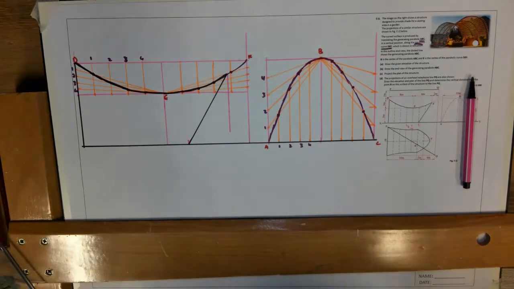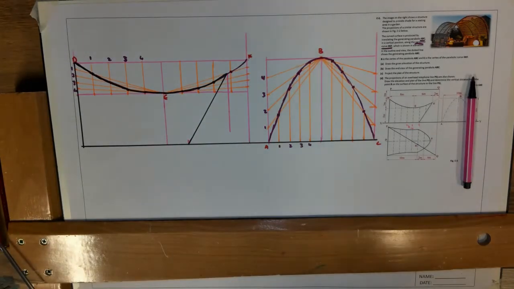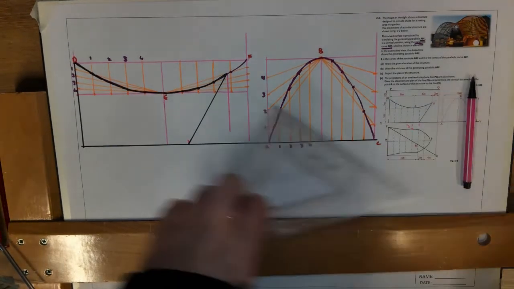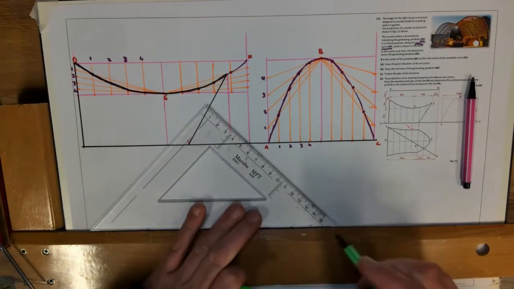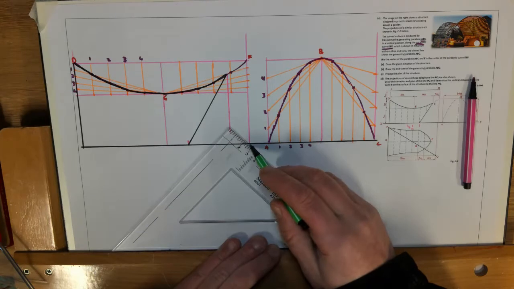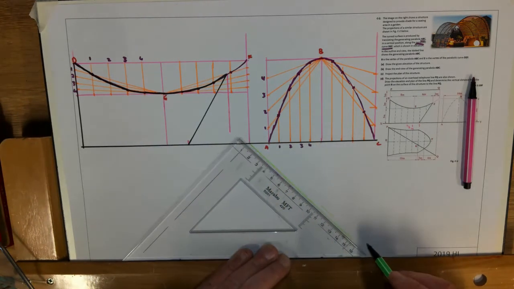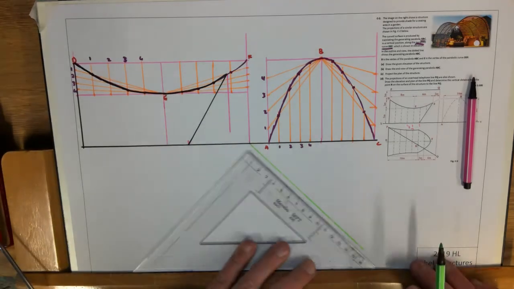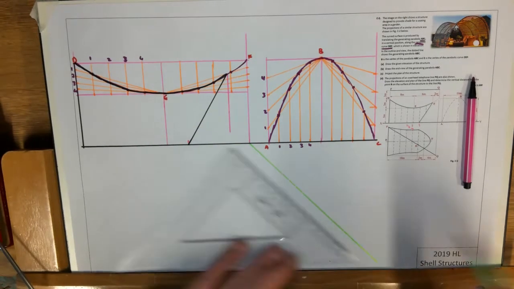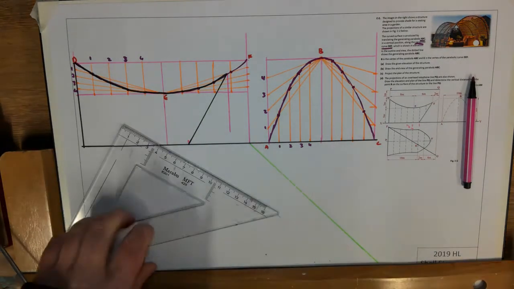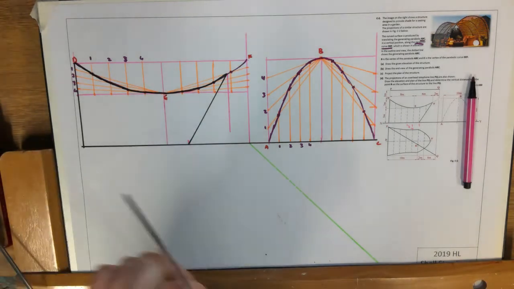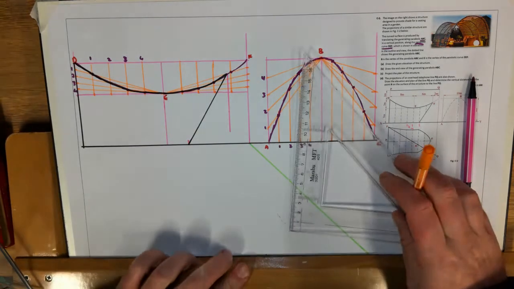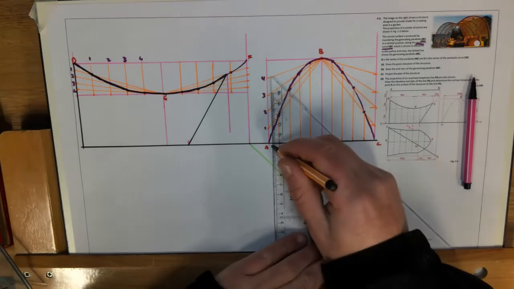Alright, so we should be happy enough with that. So what I'm going to do now is I'm going to draw my plan view, or well, maybe not all of my plan view at the minute because it won't be understandable. But what I'm going to do is I'm going to draw my main rectangle for it. So I'm going to bring my 45 degree line down like I've been doing, and pick a slightly darker orange.